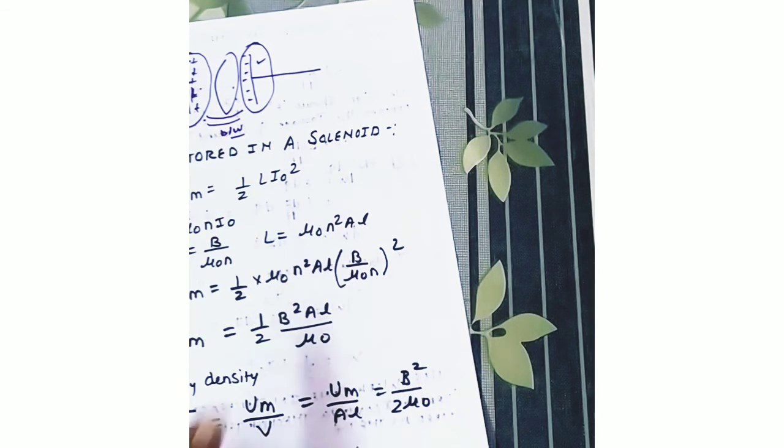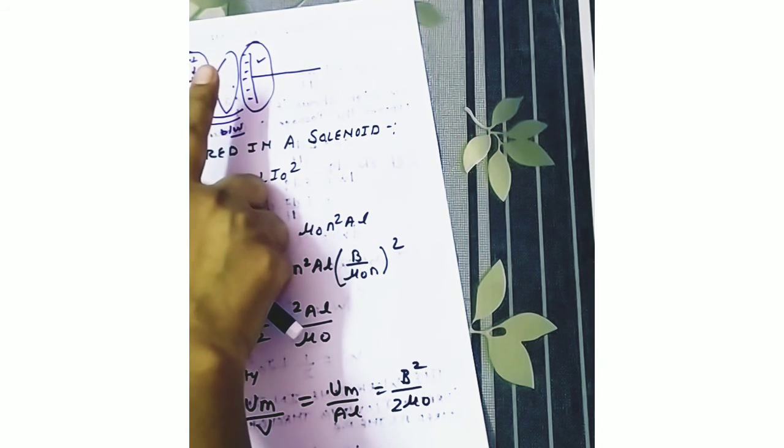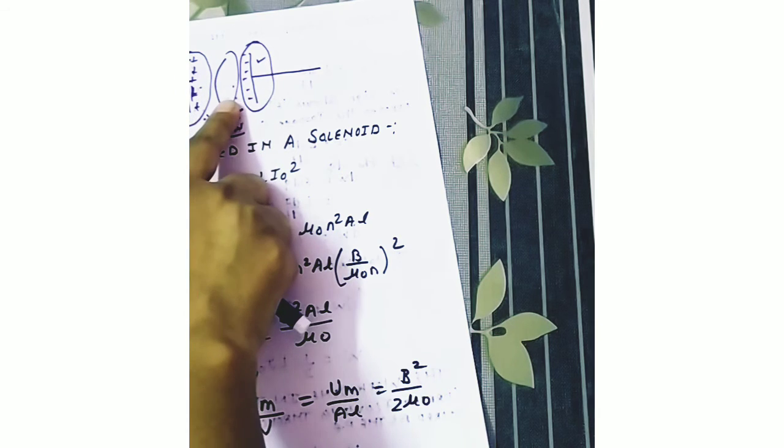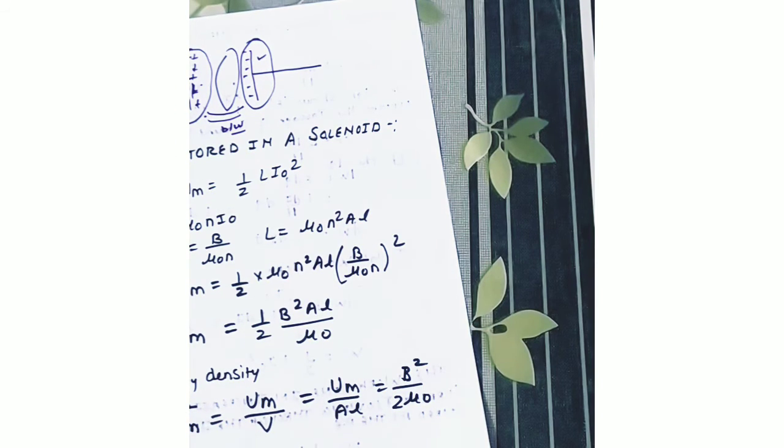Then Maxwell made a modification. He found the current which exists between the plates of the capacitor, and that is called the displacement current. So what is displacement current? You can say that the current through the gap between the plates of the capacitor due to the change in electric field is known as displacement current.